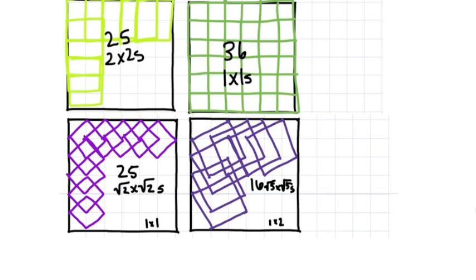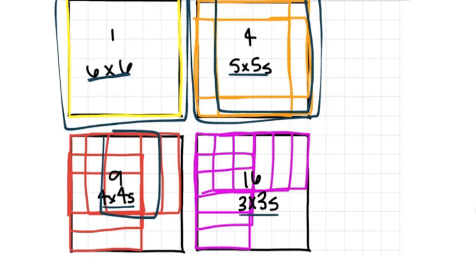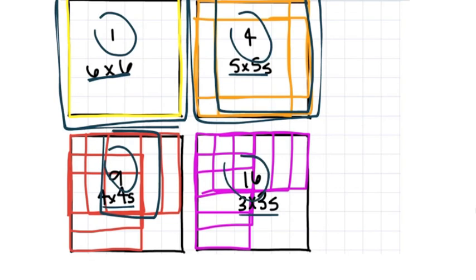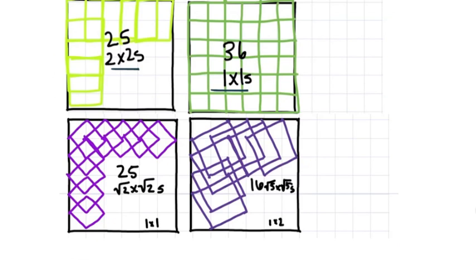As I did this, I noticed a pattern: the number of squares of that size I could fit started with 1, and then went up by the squared numbers until I reached a total of n squared for the 1 by 1 upright squares.